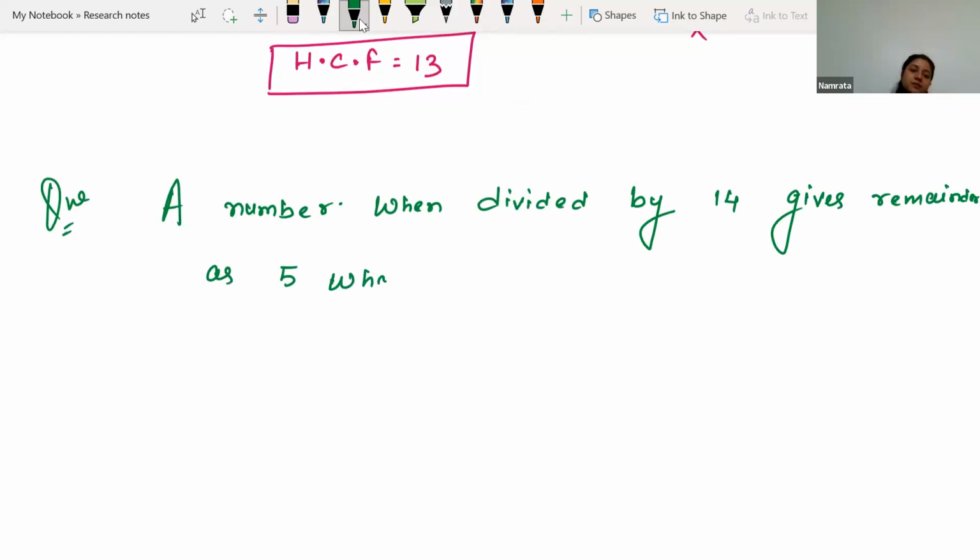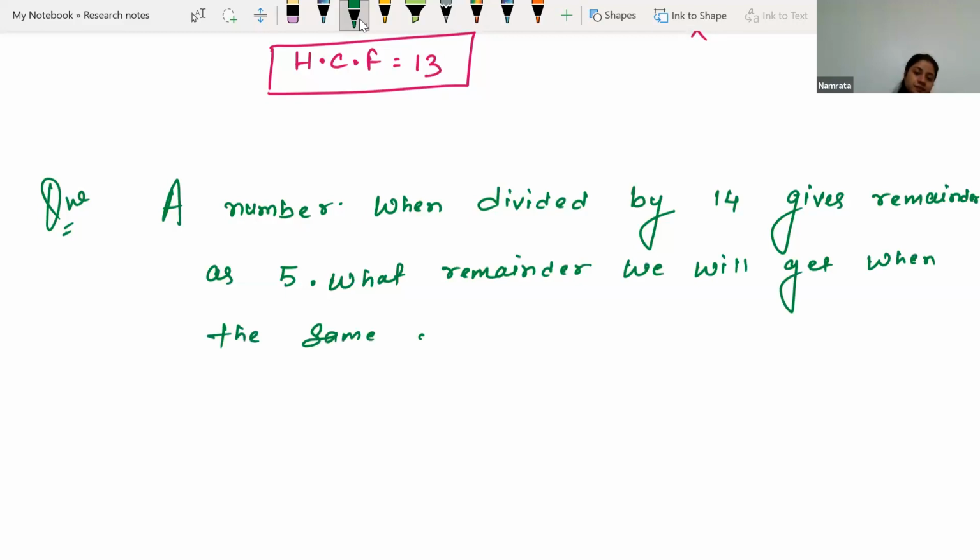What remainder will we get when the same number is divided by 7?